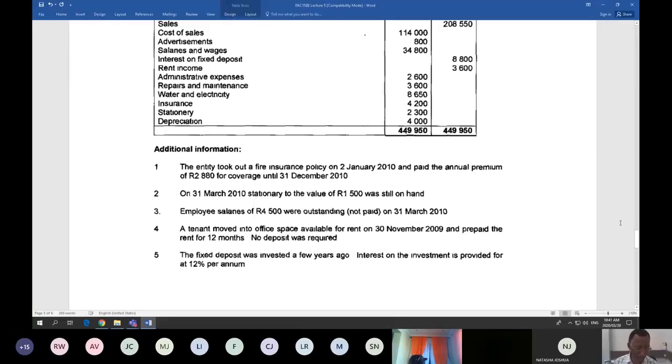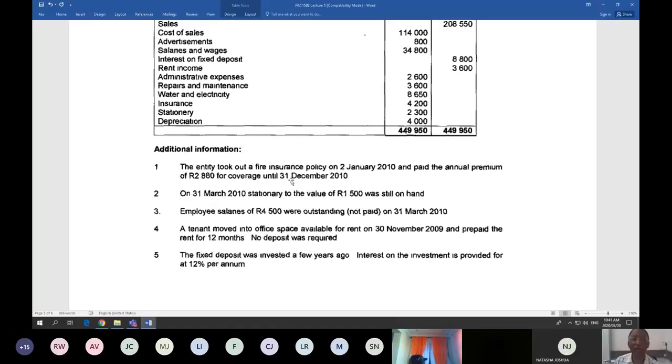Now, our financial year has ended on the 31st of March, and you have paid up until the 31st of December. So for that entire period, April, May, June, July, August, September, October, November, and December, you have paid in advance for a 9-month period.